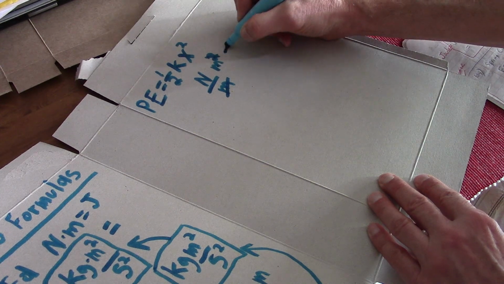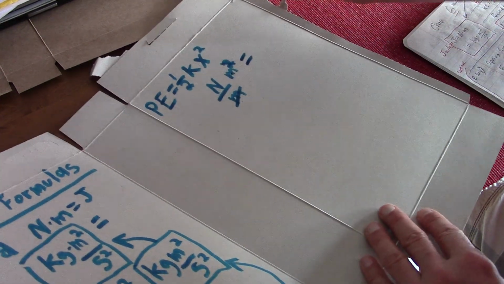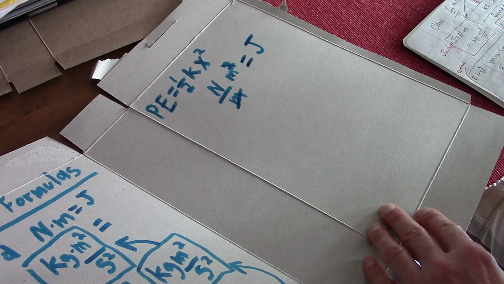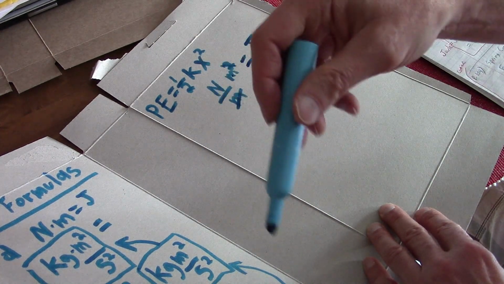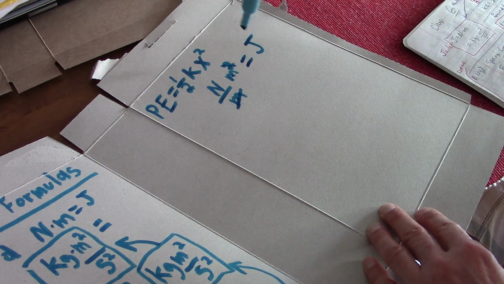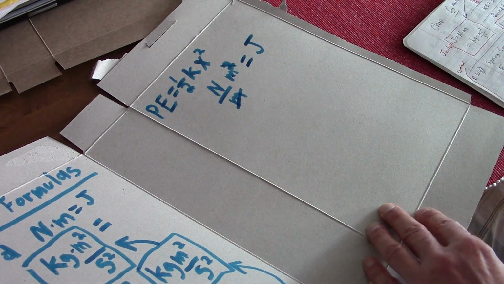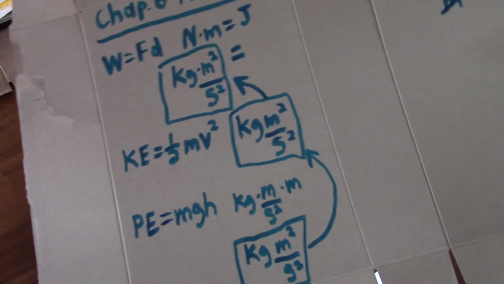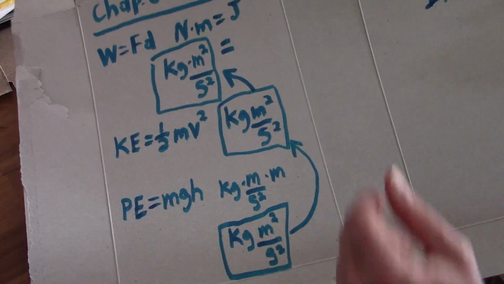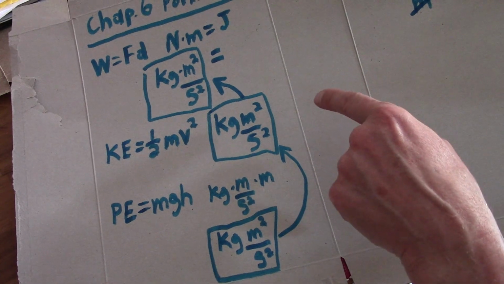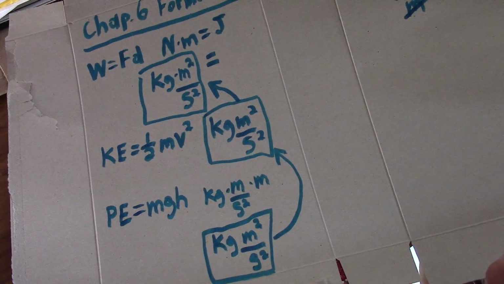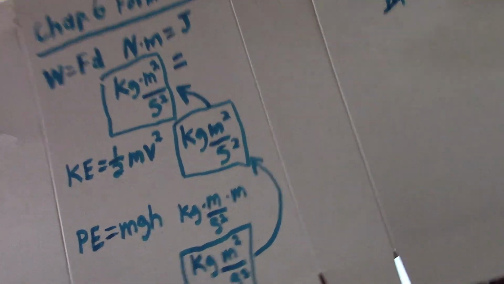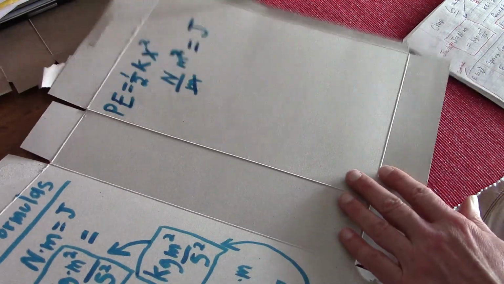A Newton meter is equal to a joule. Okay. So work, kinetic energy, potential energy, whether it's due to gravity or a spring, right? Joule. Okay? And yeah, you notice I like breaking it down to make sure my answers are right. I like converting it into a kilogram meter squared per second squared, but a Newton meter is defined as a joule.